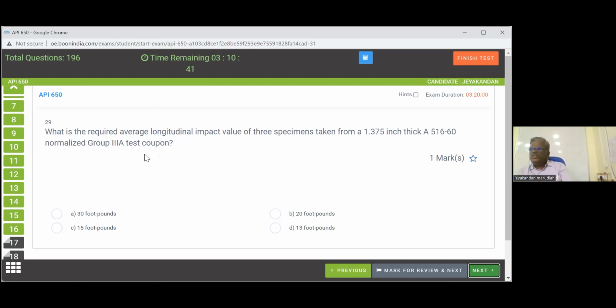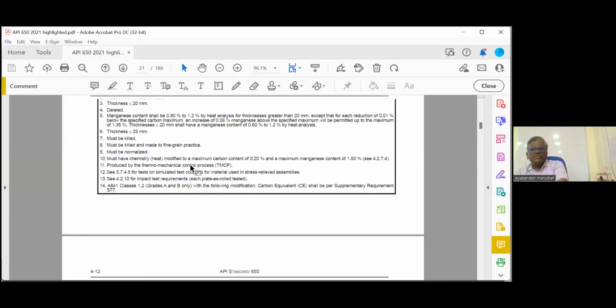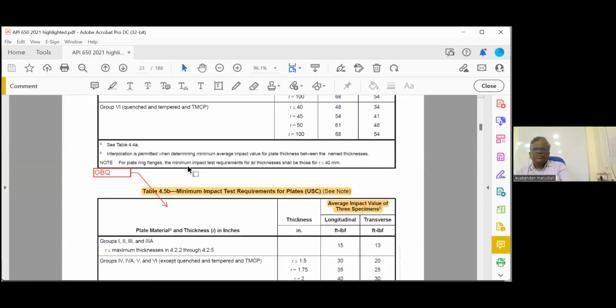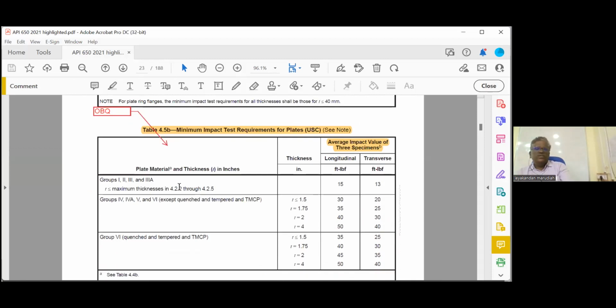Group 3A, what is that? 15. So for group 3A longitudinal, we have to have 15. So the answer is 15 foot-pounds. Okay, right, correct. Good.